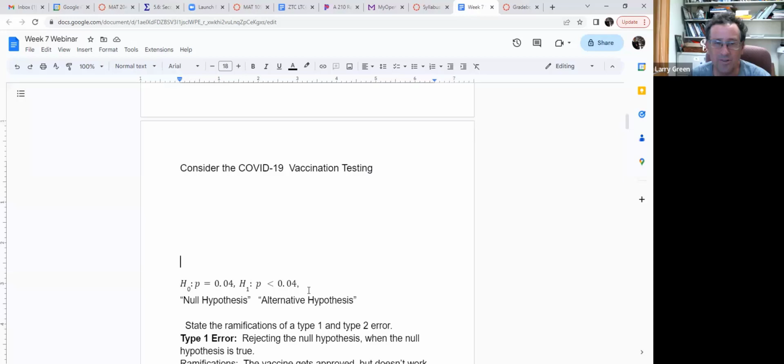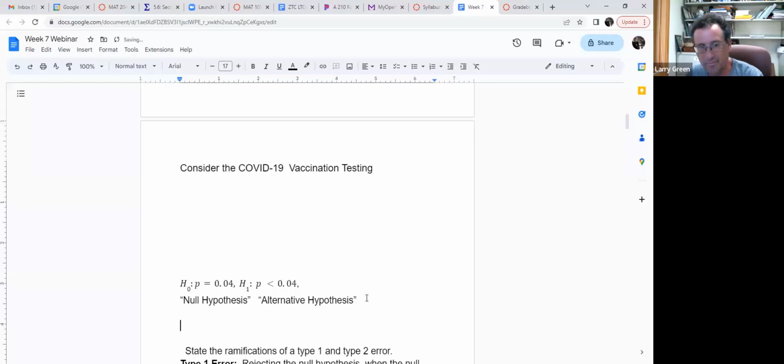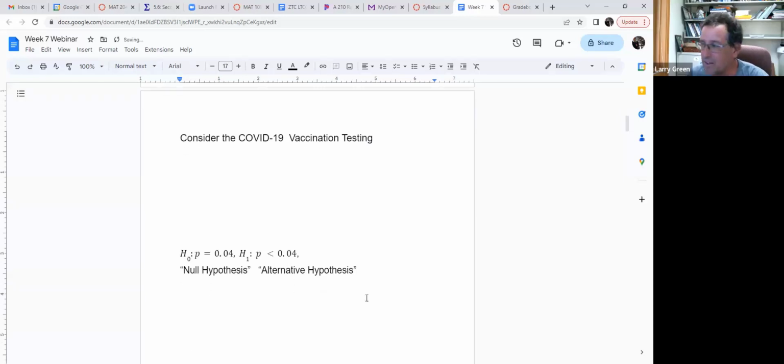So here's what you do. The first thing you do is come up with what's called the null hypothesis and the alternative hypothesis. And what they did is they researched and they saw what percentage of just general people get COVID over the trial amount of time.